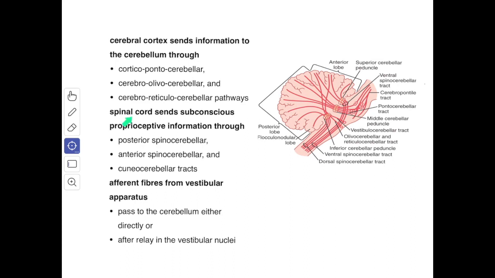The spinal cord sends subconscious proprioceptive information to the cerebellum via the posterior spinocerebellar, anterior spinocerebellar and cuneocerebellar tract. The afferent fibers from the vestibular apparatus pass to the cerebellum either directly or after relay in the vestibular nuclei.